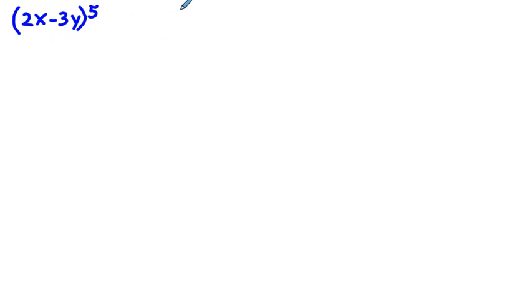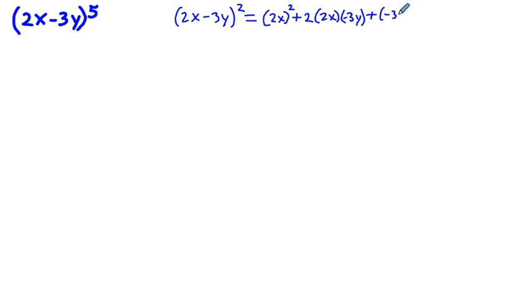If we had this expression, quantity 2x minus 3y squared, what we would have to do is square the 2x, so we would have 2x squared, plus 2 times 2x times negative 3y, plus negative 3y quantity squared.